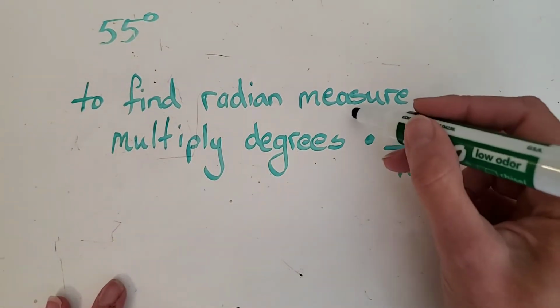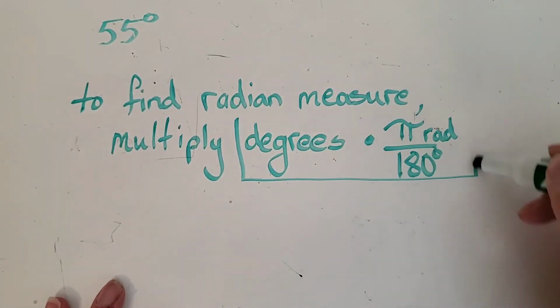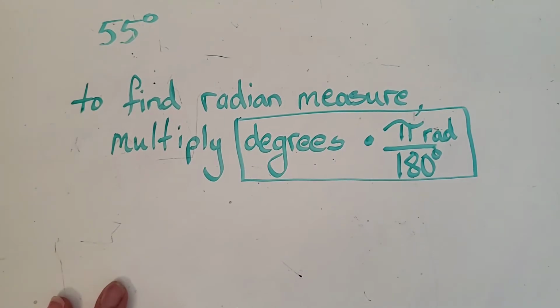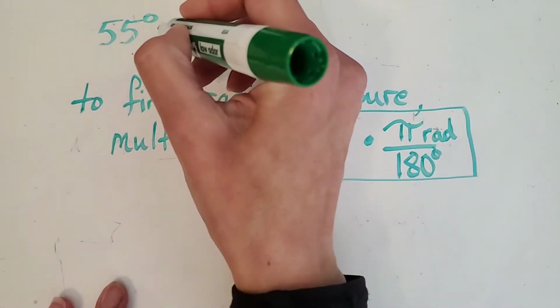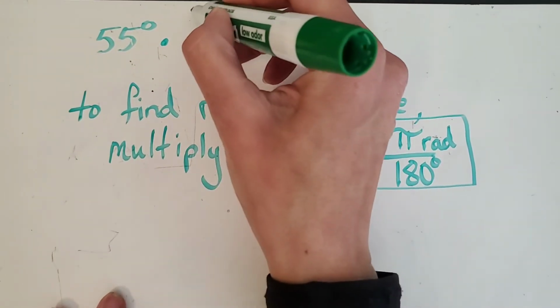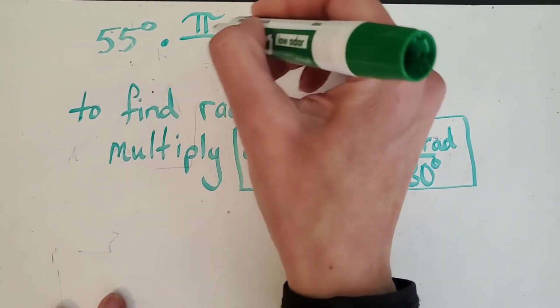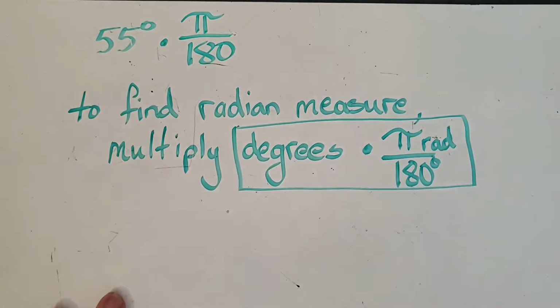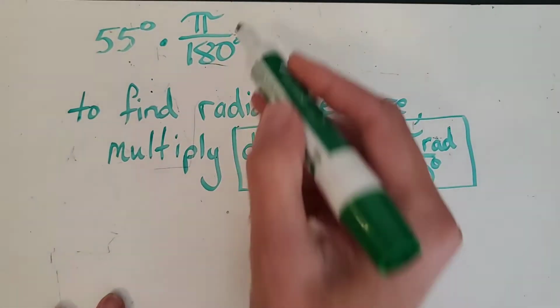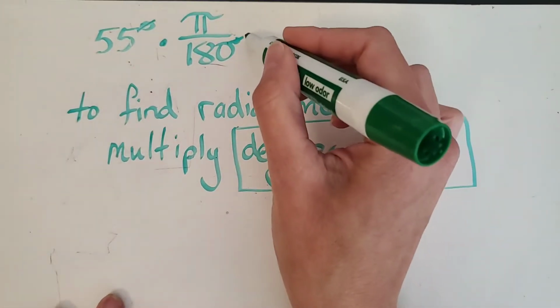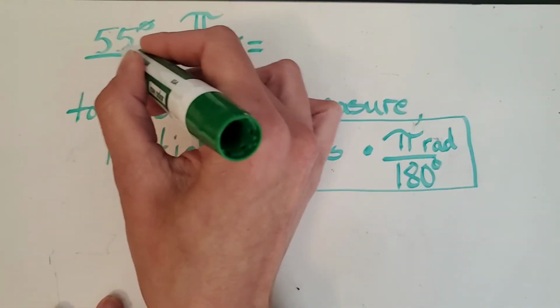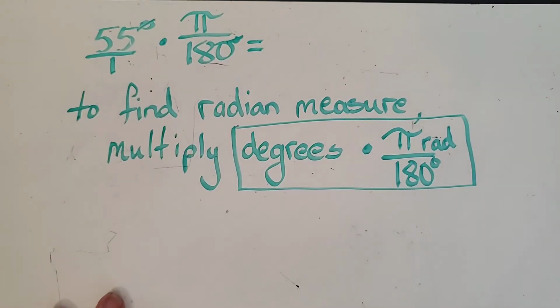So if we multiply degrees, our degree measure, times pi over 180. So if I multiply this times pi divided by 180 degrees, those degrees cancel out. And I am left with, this is like 55 over 1.